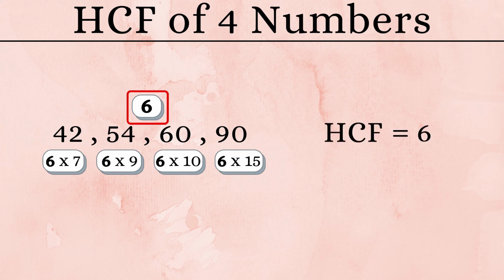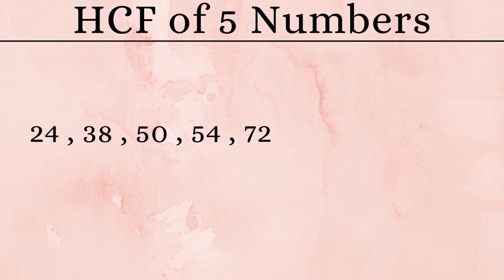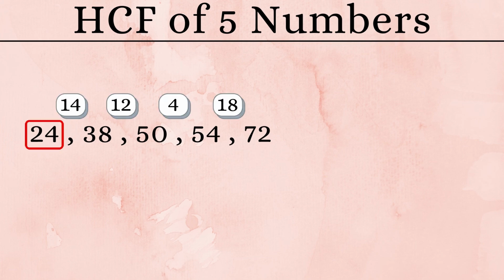Now let's move on to our final example. Let us find the HCF of these 5 numbers. The smallest of them all is 24 and the differences are 14, 12, 4 and 18. The smallest of all these is 4. So let's check out if our numbers are multiples of 4.